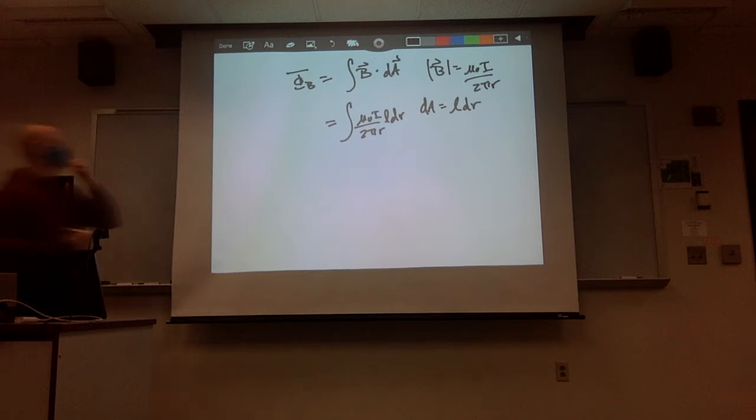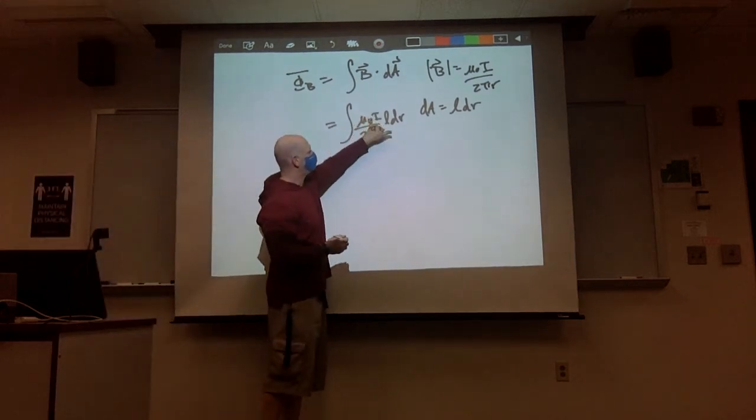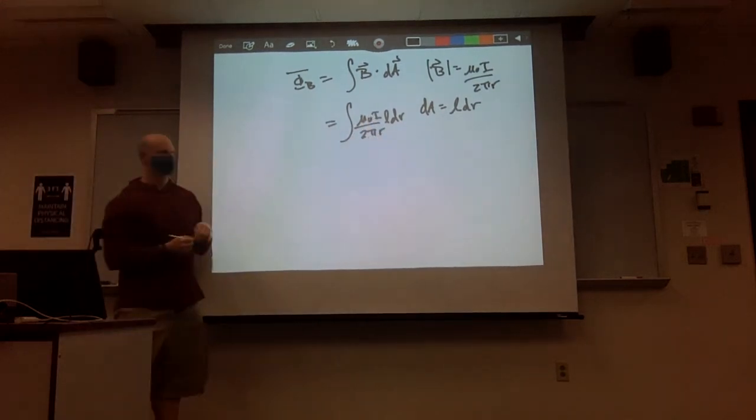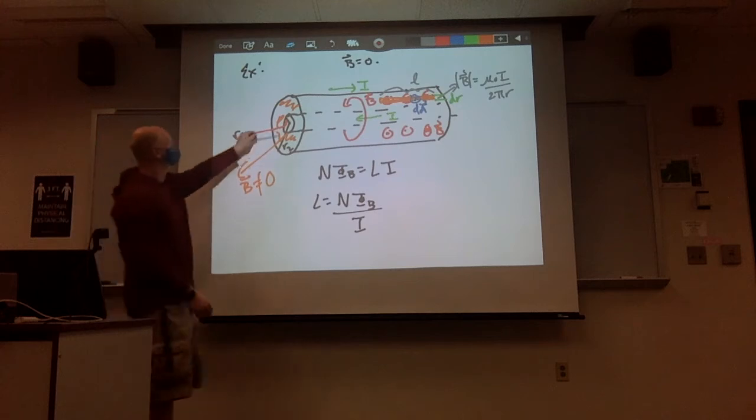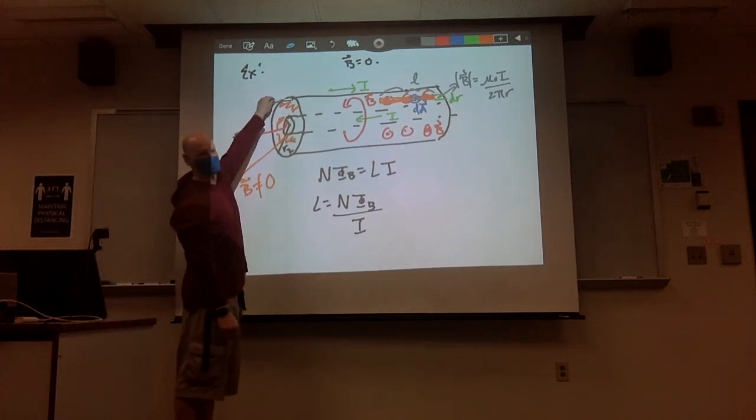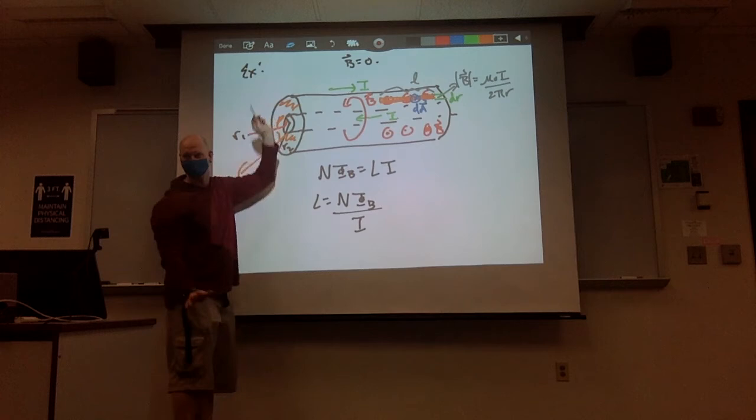Okay. Now here, mu naught I, L, 2 pi are all constants. I'm going to pull those outside of my integral. So it's going to become mu naught I times L divided by 2 pi, integral dr divided by r. And I'm going to integrate that from where? I'm going to integrate it from this position here to this position here, which means from the inner radius to the outer radius.